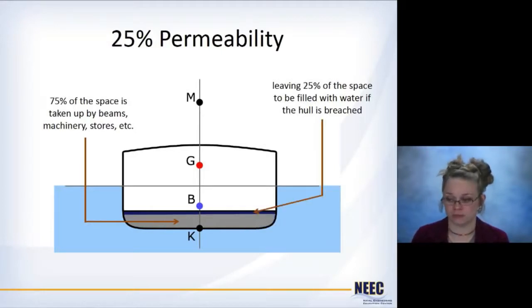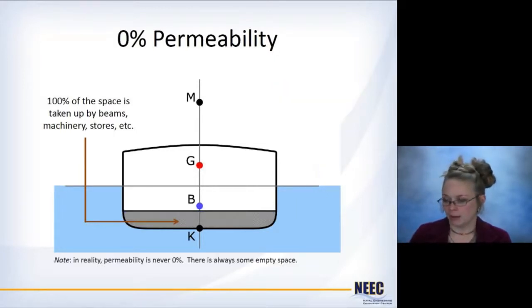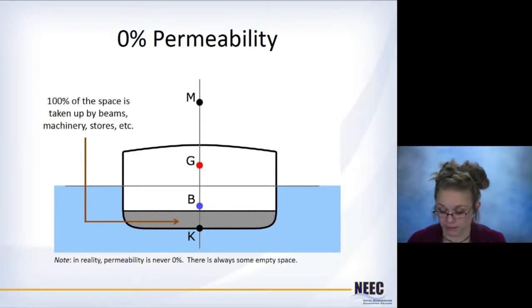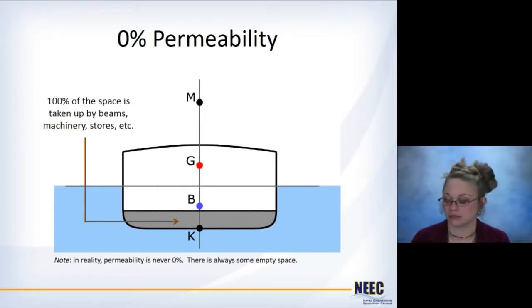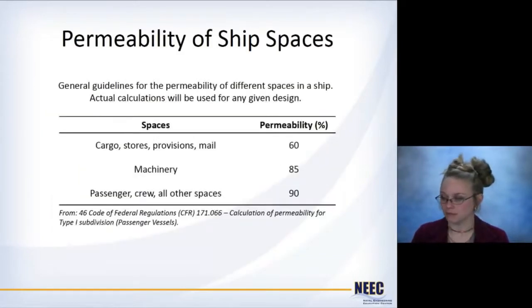If you had 25%, it means that 3/4 of this space is filled up with stores, beams, machinery, things that will not let water in, leaving 25% of that space able to be flooded. If you had 0% permeability, it means that space is completely filled and it will not let any water in. Now, in reality, that's never going to happen because you're always going to have a little bit of empty space. So that's the concept of permeability.